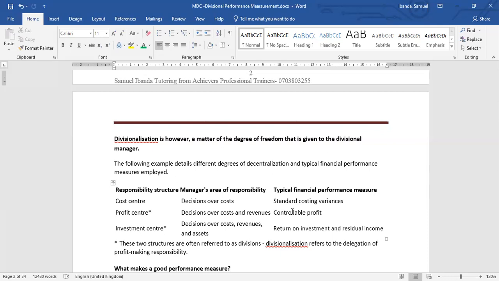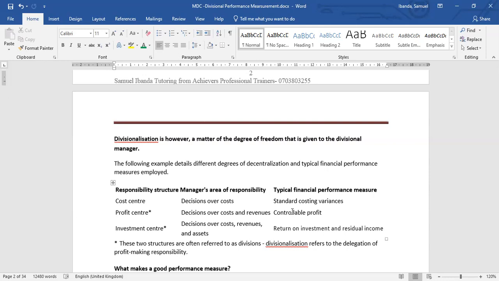But then we can also have, when it comes to costs, manager can have different costs that they have, let's say, decisions over. And then they also can have costs that they don't have decisions on, okay? For example, if it's a bank branch, those that have worked with banks will attest to this.